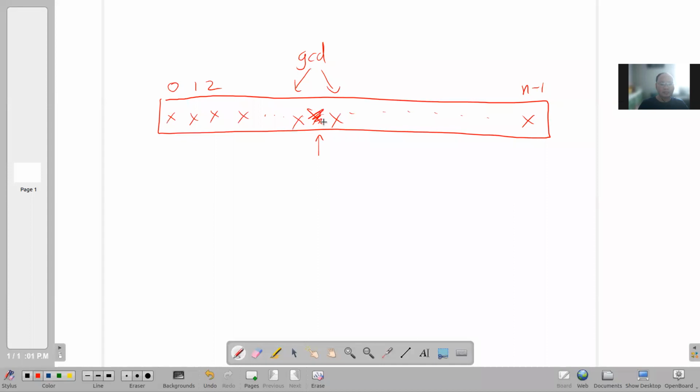And then this is gone. If you remove the first one, then the cost is the GCD of the next one and the previous one, wrapped around. And if you remove the last one, then of course the same kind of situation. Okay, so that's the problem.